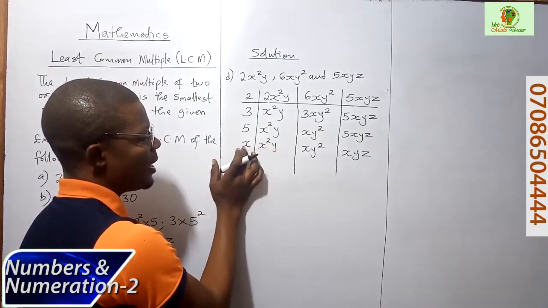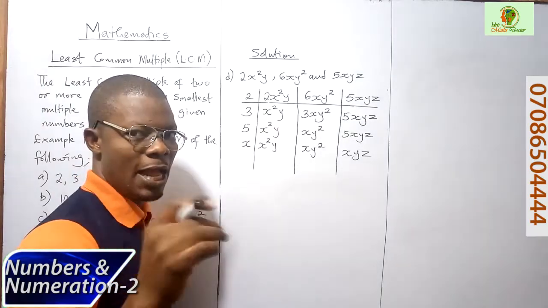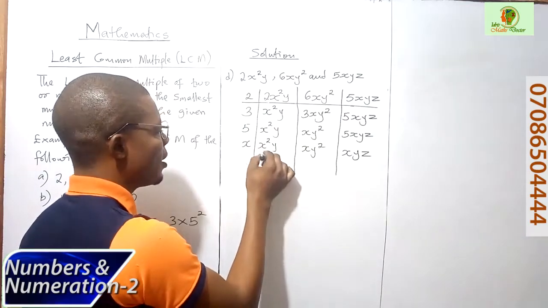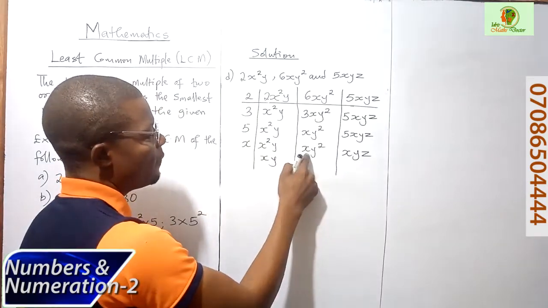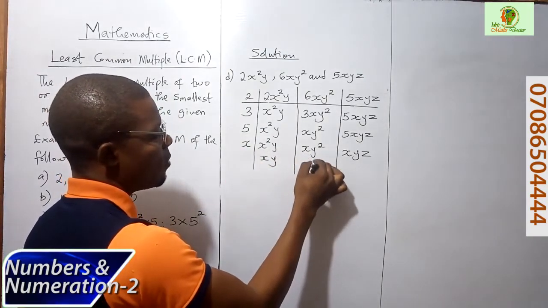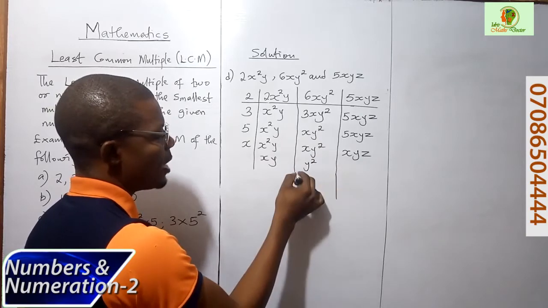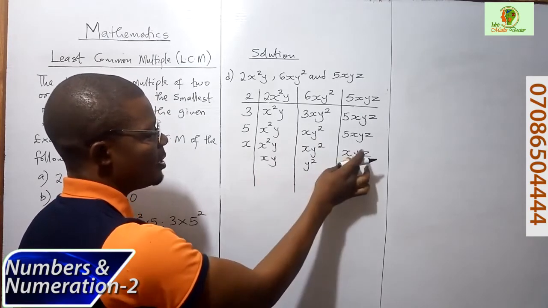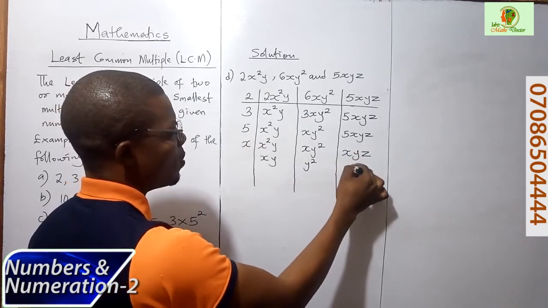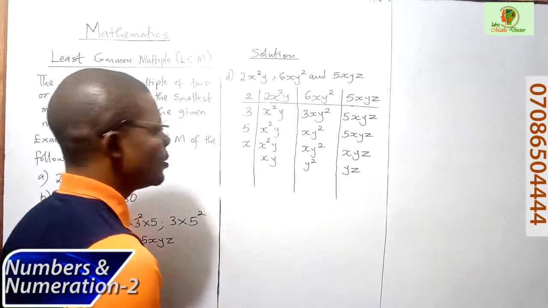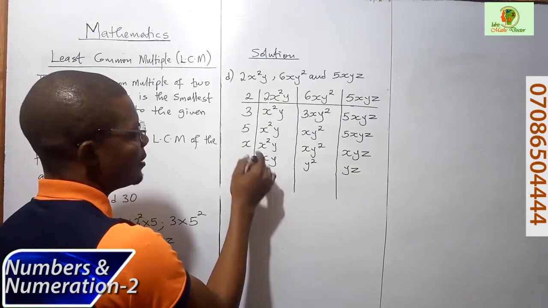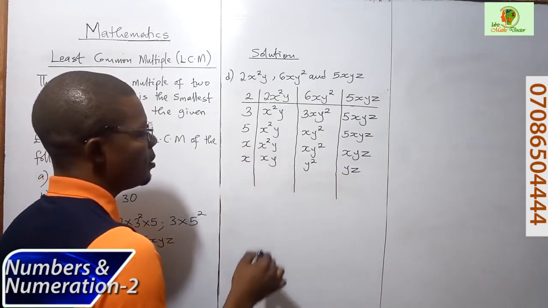So when you divide by x, we are going to have an x left. So we have xy. If you divide this by this, we are going to have y squared. Okay, y squared. If we divide this by this, we are going to have what? yz. Is that taken? Then we still have an x left, so we use x again.